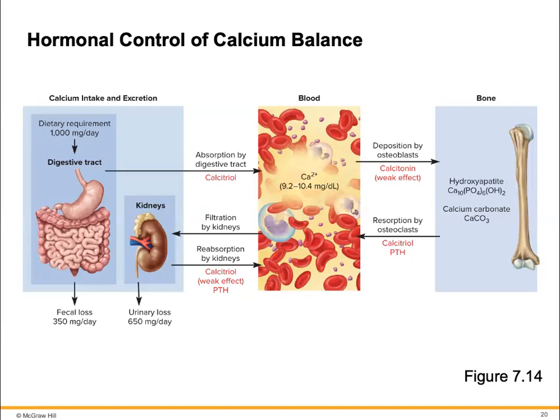That is not as easily exchanged within the blood, but when we are just talking about calcium, that can get exchanged pretty easily. So a couple of things. Calcium homeostasis, we want to keep it between 9.2 and 10.4 milligrams per deciliter. If you have blood calcium levels dropping below 9.2, that's hypocalcemia. If it goes above 10.4, it's hypercalcemia.